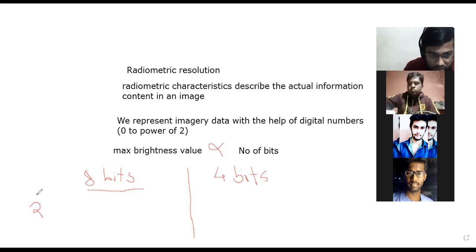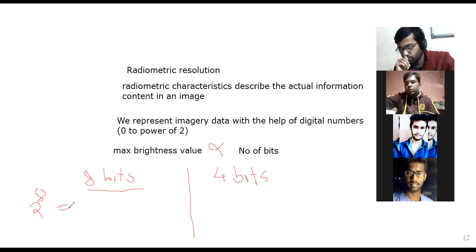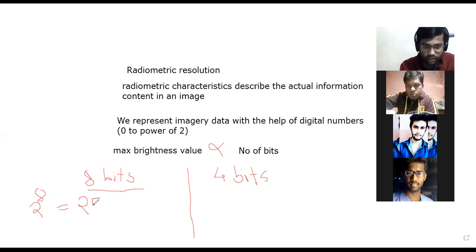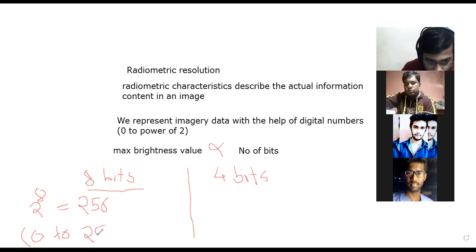Now we are using 8 bits, so 2 to the power 8, which is 256. So if you are using 8 bits imagery, you have 256 digital numbers, from 0 to a maximum digital number of 255.